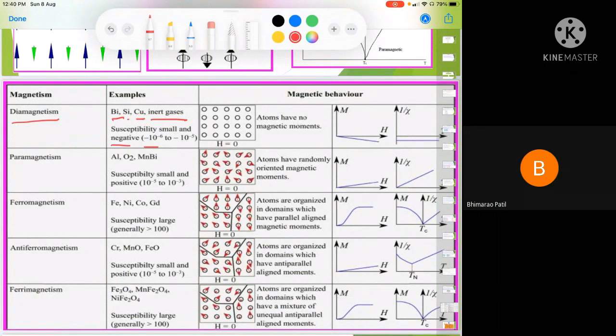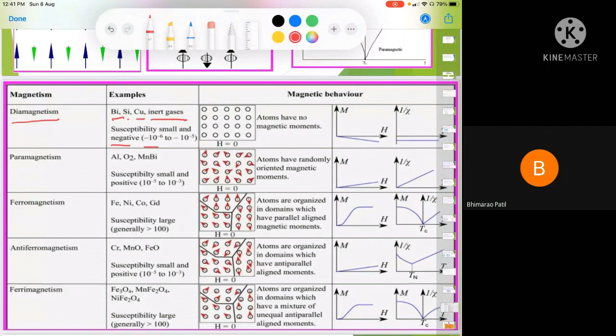Atoms have no magnetic moment because the electrons present in each orbital of the atom are paired, and therefore the net magnetic moment is always equal to 0. Then if you place that material in an applied magnetic field and measure the magnetism induced in it, it always shows a negative value.